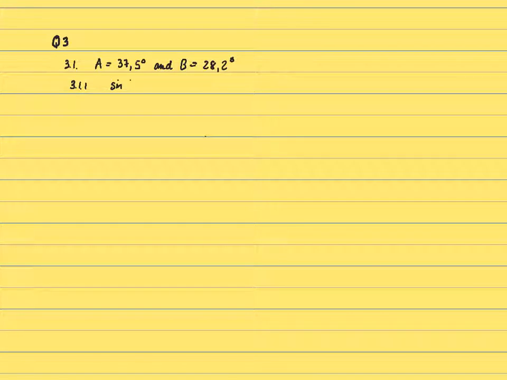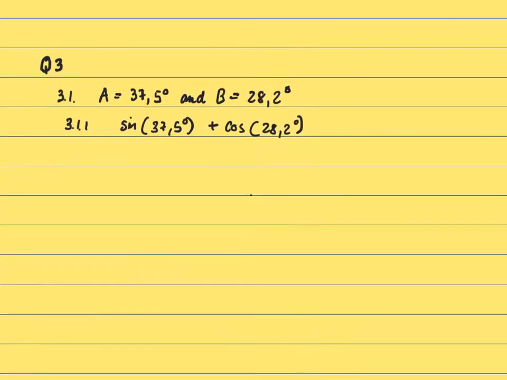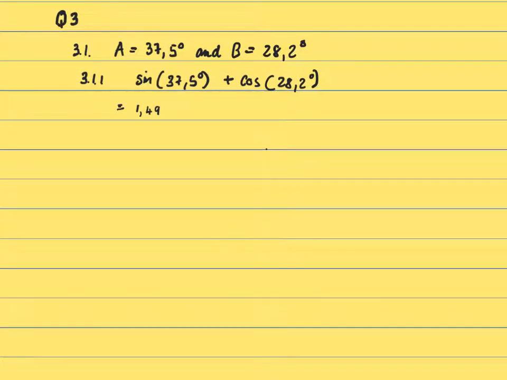All we're going to do is instead of A, we're going to substitute 37,5 degrees, and instead of B, we're going to substitute 28,2 degrees. Exactly as that stands is how you put it into your calculator, okay? So you go sine 37,5 close bracket plus cos 28,2 close bracket, and if you do that, you will get 1,49. Be careful of your rounding when you do ones like this.